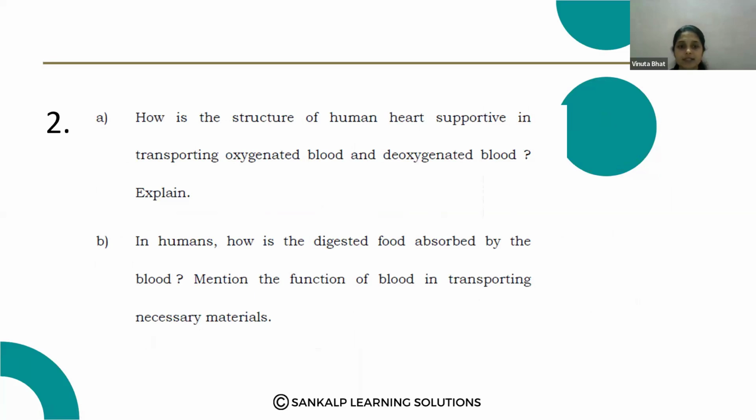In human beings, how is the digested food absorbed by the blood? Mention the function of blood in transporting the necessary materials. The villi, which are present in the small intestine, absorb the nutrients, which are transported to the blood.